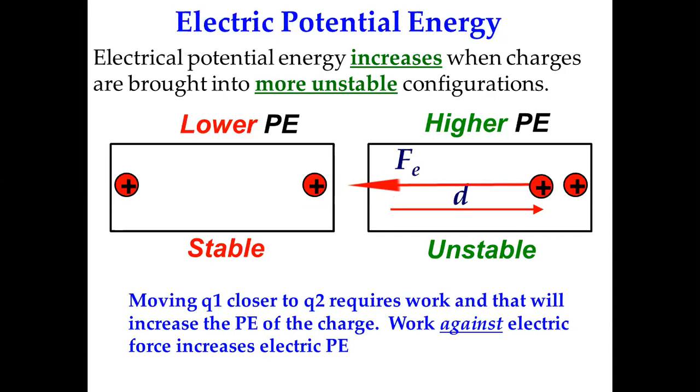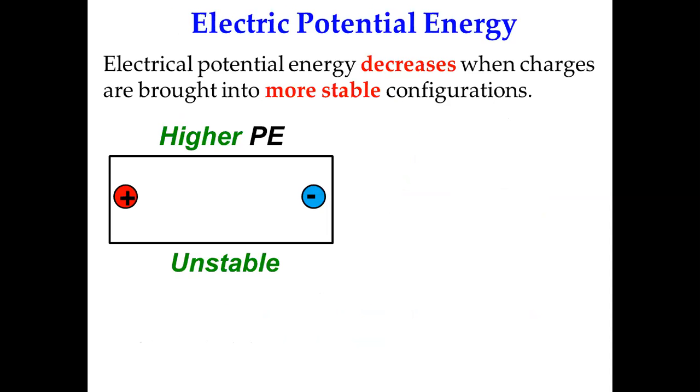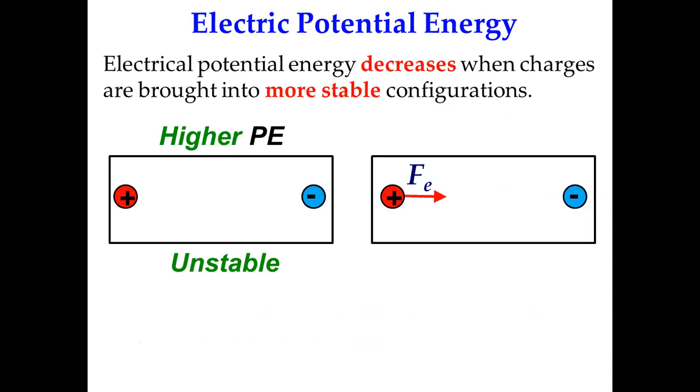Q1 is going closer to Q2, so it will require work, and that work will increase the potential energy of the charge. So working against electric force increases electrical potential energy, like working against gravitational force increases gravitational potential energy. In the same way, it decreases electrical potential energy when charges are brought into more stable configurations.